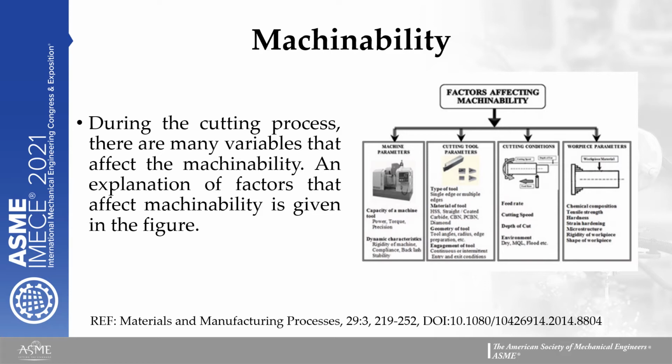At the same time, cutting conditions, feed rate, cutting speed, depth of cut, and the type of environment being used are also affecting machinability. At the same time, the workpiece properties, for example, the chemical composition, strength, hardness, strain hardening, all play a very important part towards the machinability of a material.